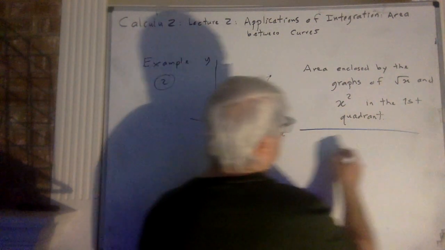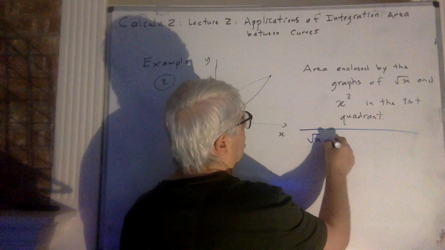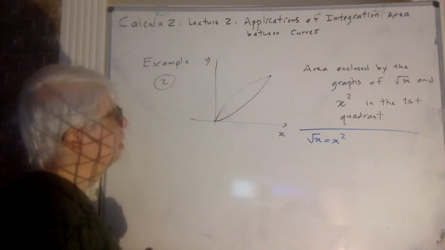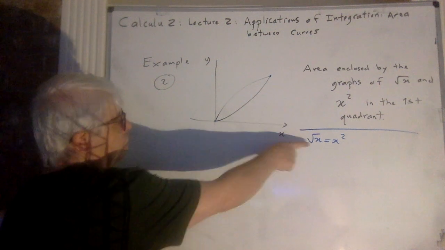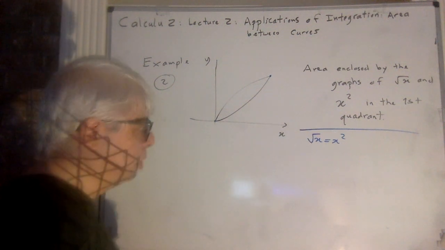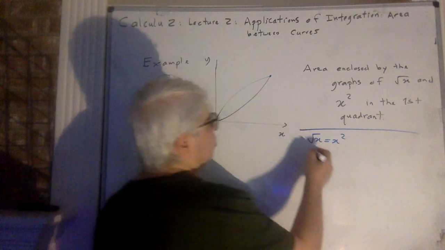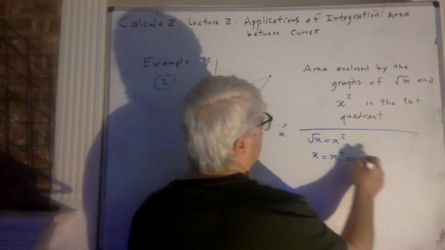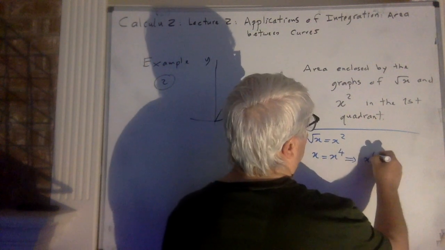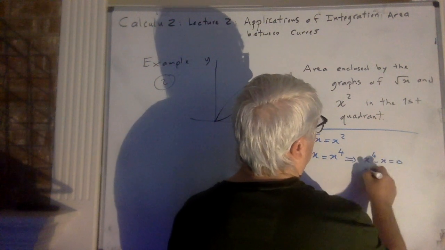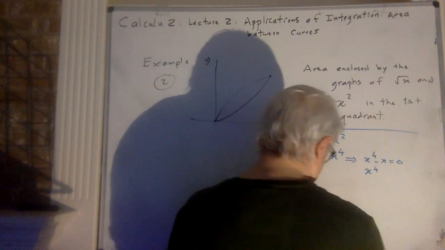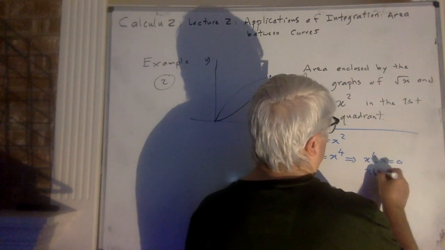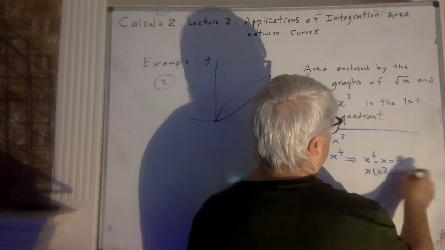Finding the intersection point is simply setting them equal to each other. If I look here at the square root of x, x should be positive, so I can raise them to power 2. I will get x equals x to power 4. That gives me x^4 minus x is 0, and that's x times (x^3 minus 1) is 0.